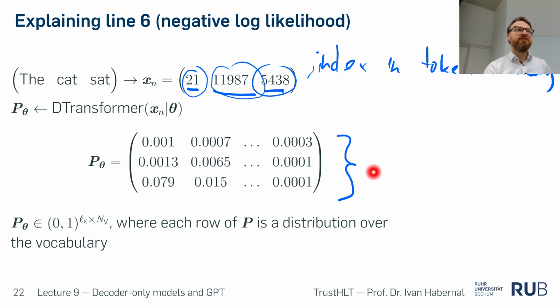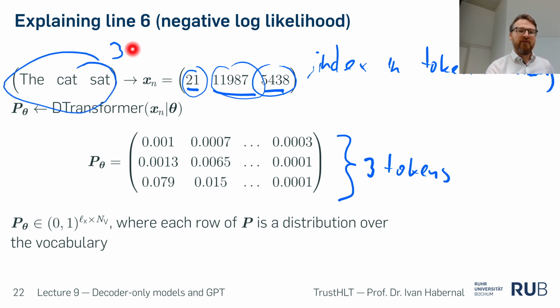Yes. 3 tokens. Each token gets its own embedding and then is projected to vocabulary. Good? Now you can use your answer for the other question.